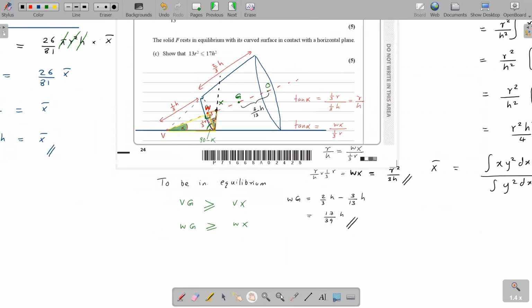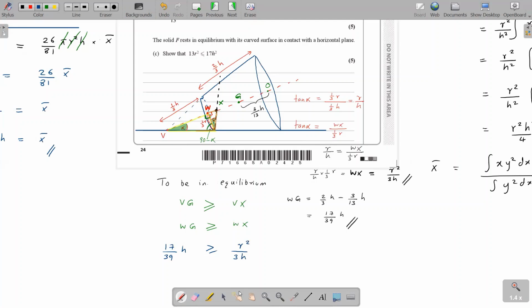Okay, so I have the WX distance, I have the WG distance. Now it's time to apply it into this. We don't need to go with VG and VX because otherwise you have to add 1 over 3h to both of them again. That's not necessary, right? So WG is 17 over 39h. Do you agree? Is greater than or equal to WX, r square over 3h.